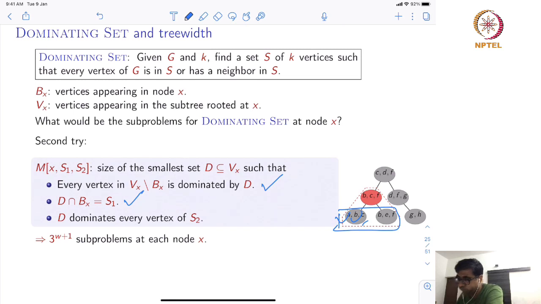So for every vertex, what are the three states?